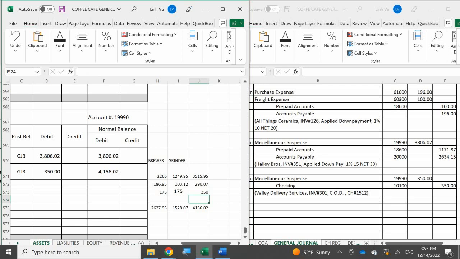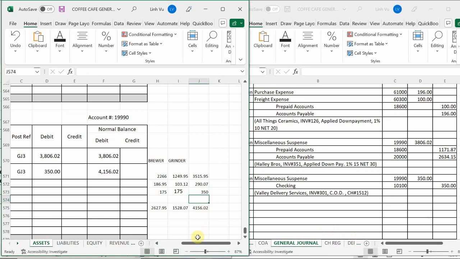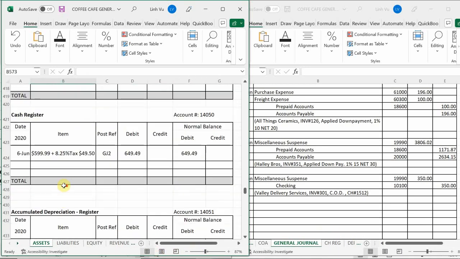So therefore, my coffee brewer is now $2,627.95, while my coffee grinder is now $1,528.07.